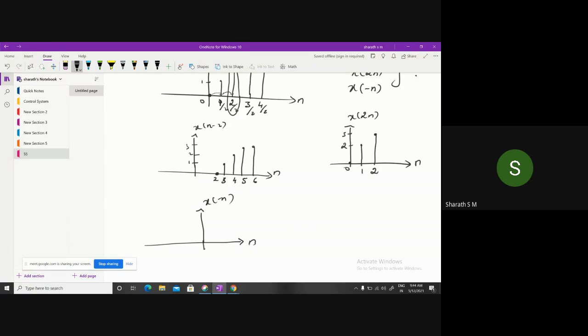We have a signal at 0, so 0 is going to be retained. 1 will be reflected to minus 1, 2 will be reflected to minus 2, and 3 and 4 will be reflected to minus 3 as well as minus 4. So 1, 2, 3.